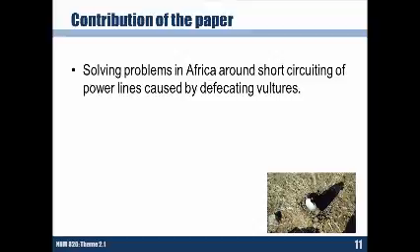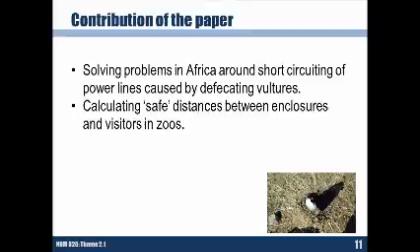What happened is that the vultures would sit on the power lines and defecate, and in that moment it would create a circuit and the vultures would be electrocuted. Understanding this and being able to calculate the arc of the feces going out of the vulture, they could then redesign the power lines to avoid this problem in the future.